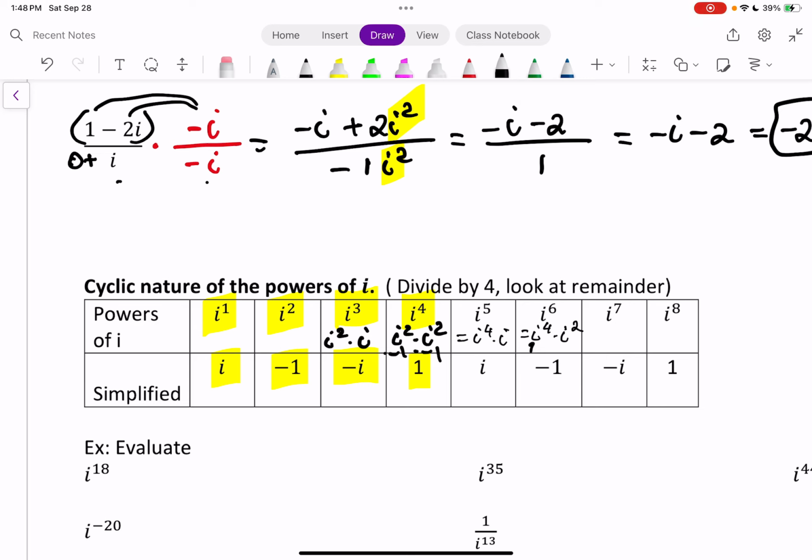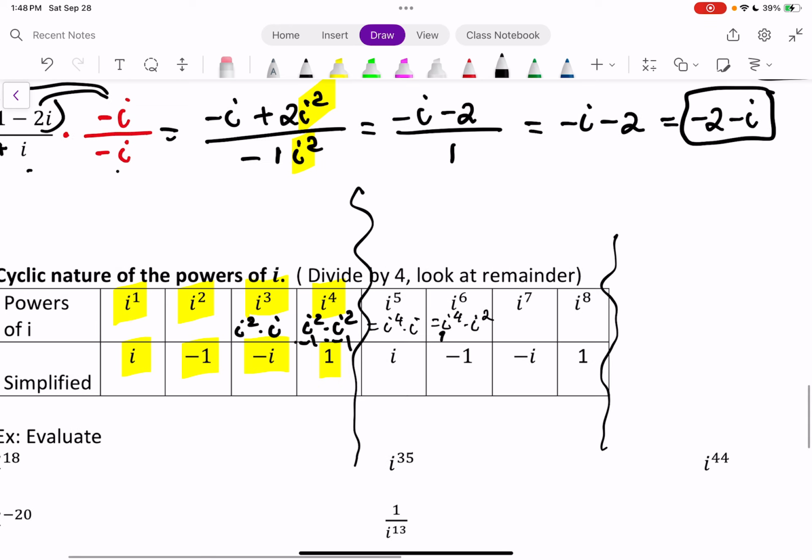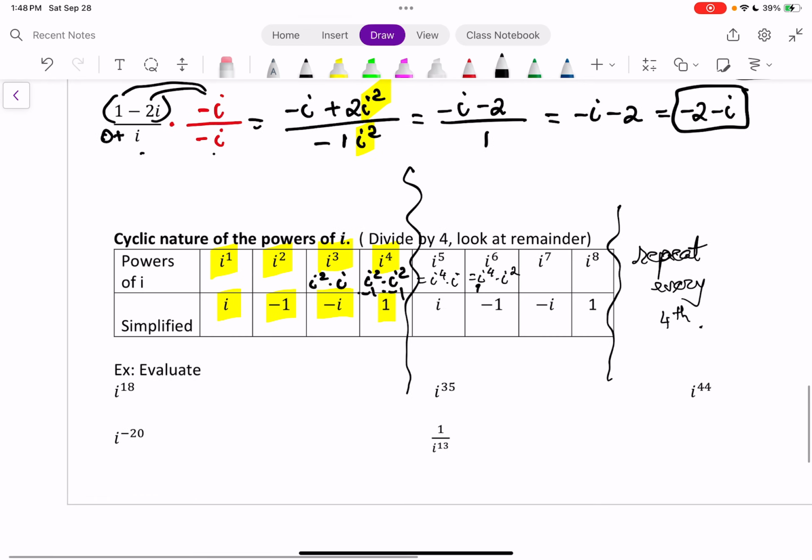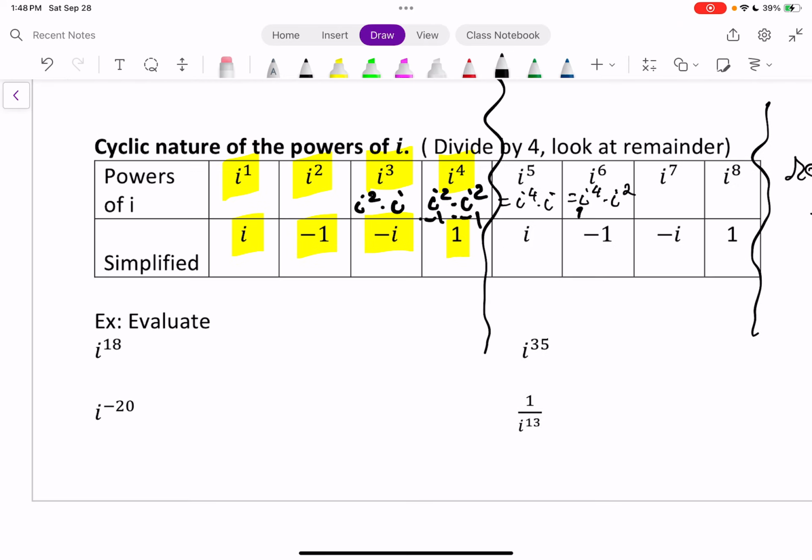And so the story goes. So really, what you have is that powers of i repeat every 4th. Because they repeat every 4th, all we have to do is think about where in a multiple of 4 we are.